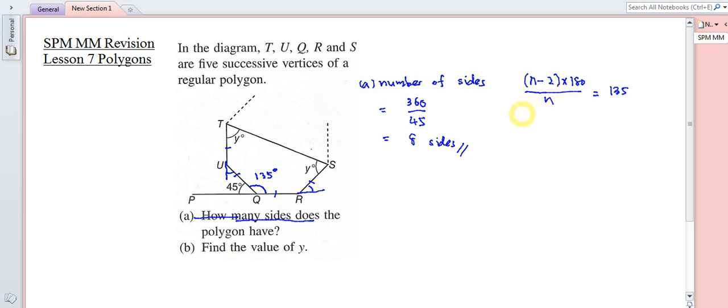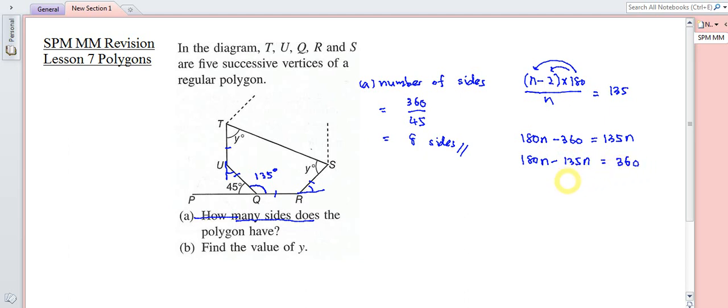Okay, let's try this method to get the value of n. So the n you move over here, becomes multiplied to 180. You expand: 180n minus 360 equals 135n. So this is just like a linear equation. 180n minus 135n equals 360.